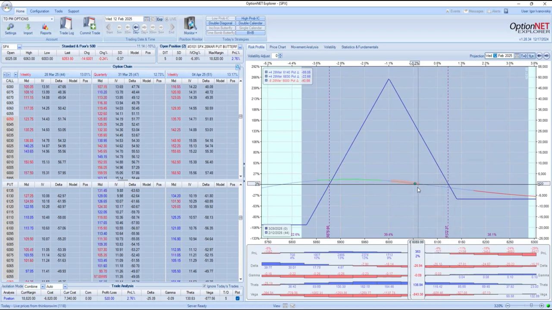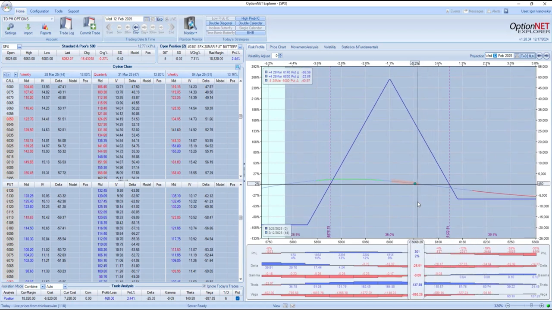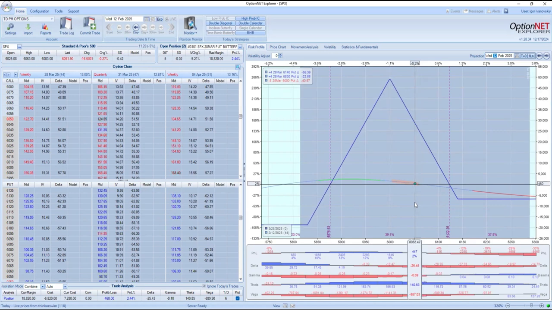So don't try to make an adjustment with every 15-minute candle, right? At this point, with 44 days, I would probably look at this trade once a day. Around this time of the day, 3:30 Eastern, it's probably a good time to check in on this trade. And if we're inside the tent, probably just do nothing.